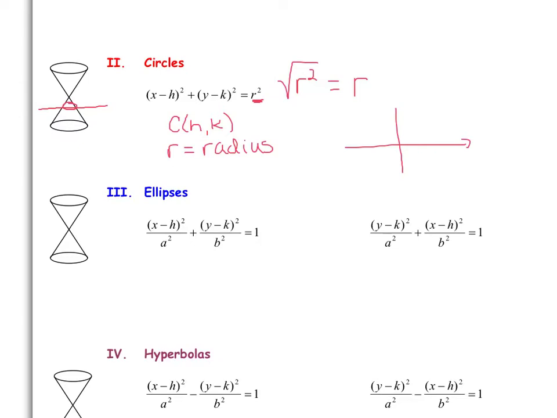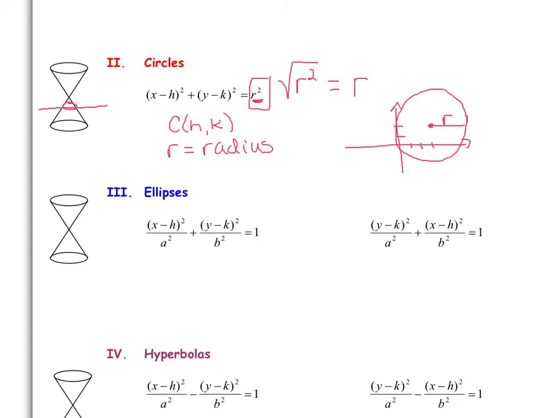So if I was to graph this, you would first start by graphing the center, and then based on what the radius is, you would go out that distance all the way around, and it's going to make a circle. Now, one way that you will recognize that it is a circle equation is the number on the right side that it's equal to. It will be a number other than 1.